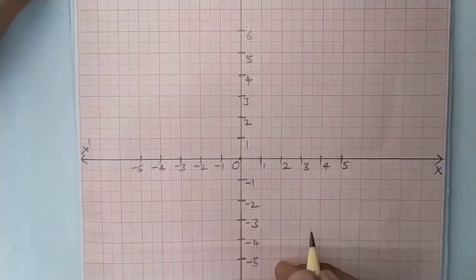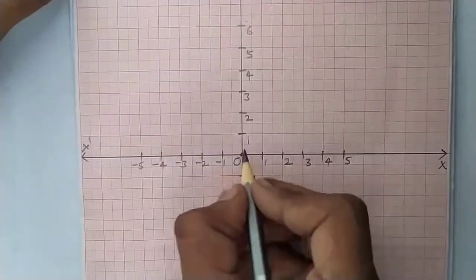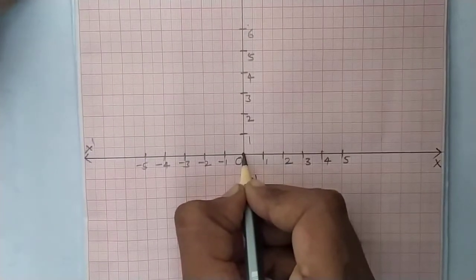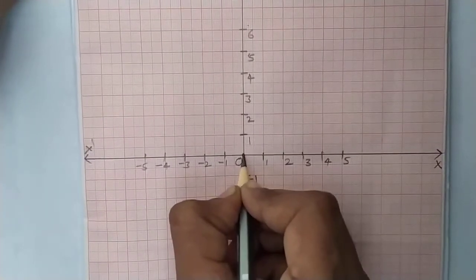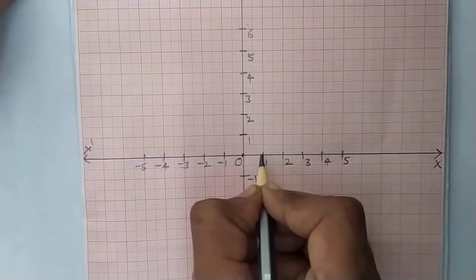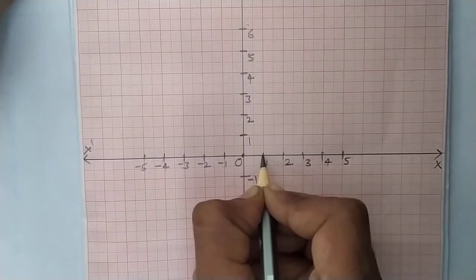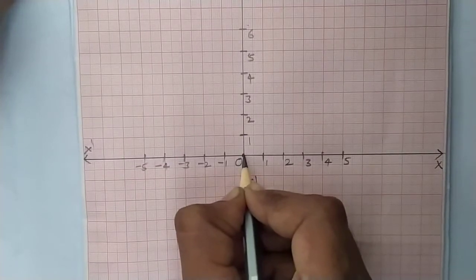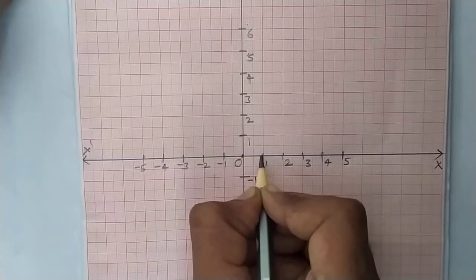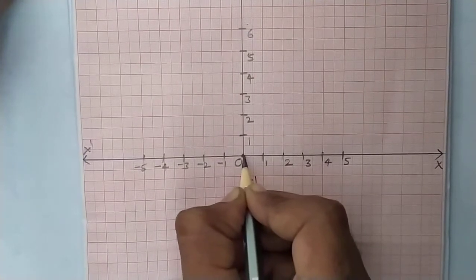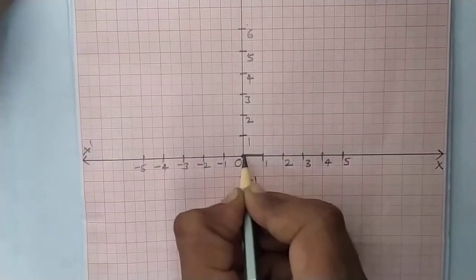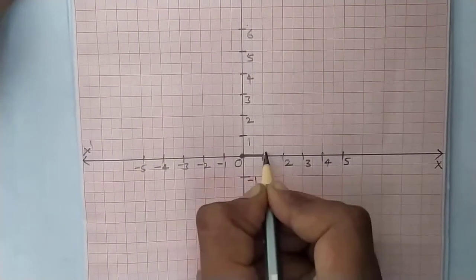Now you just see the values. The greatest integer for the value 0 will be 0. From 0 up to 0.999, that value will be 0 only. So you represent it like this.